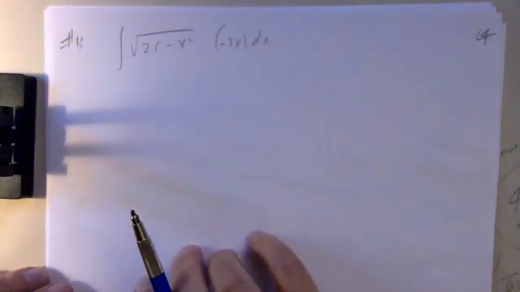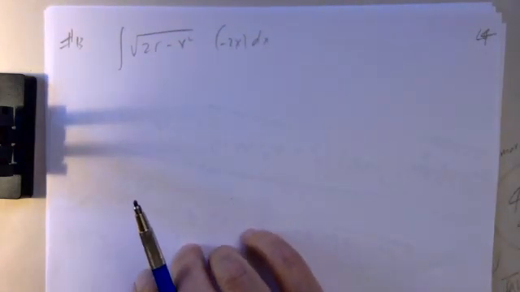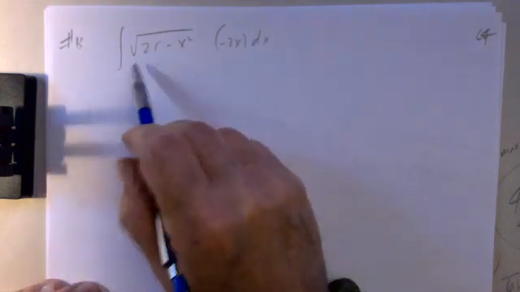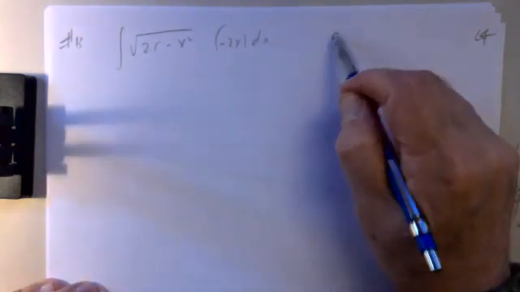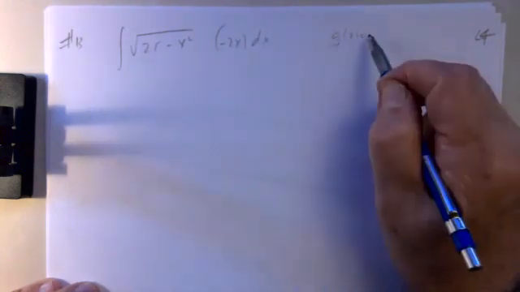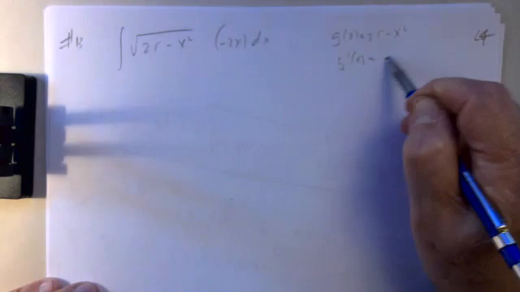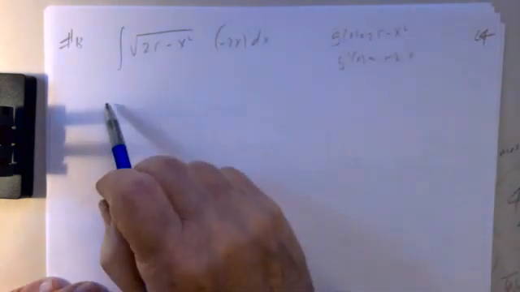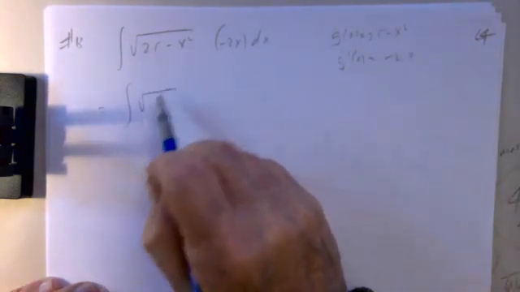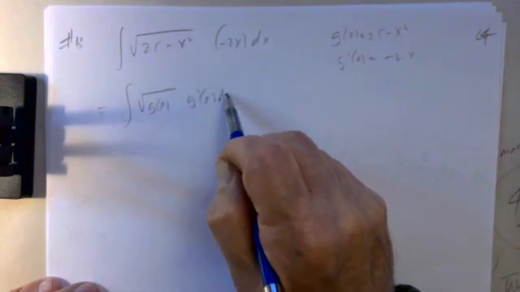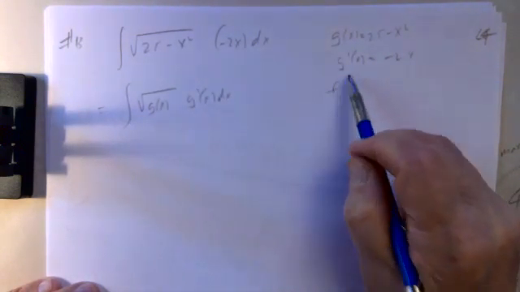Now, it's given in this sort of funny form to make it easy to do. Because if you look at this, you should see that if you let g of x be equal to 25 minus x squared, g prime of x is minus 2x. So this is the integral of the square root of g of x, g prime of x dx.